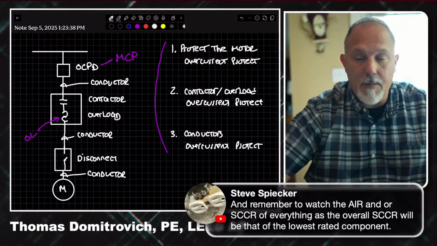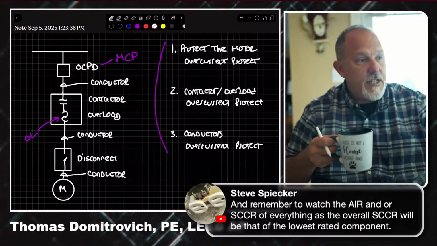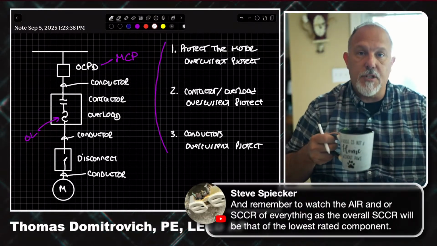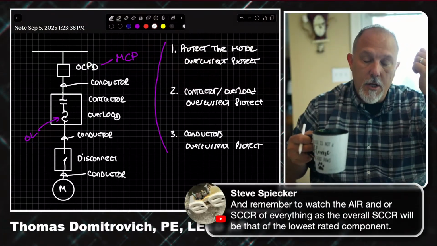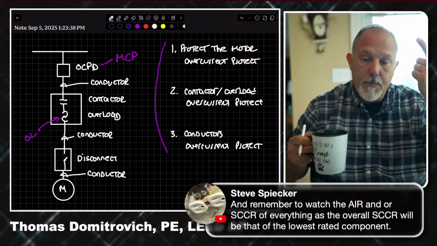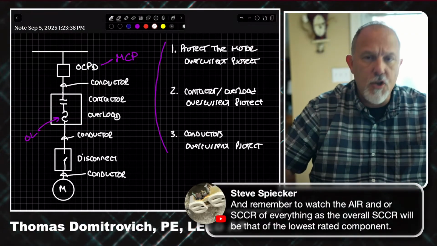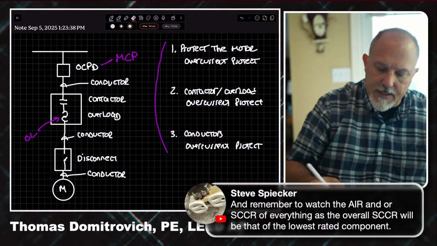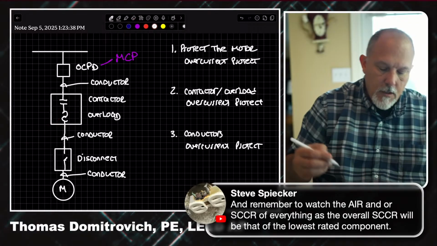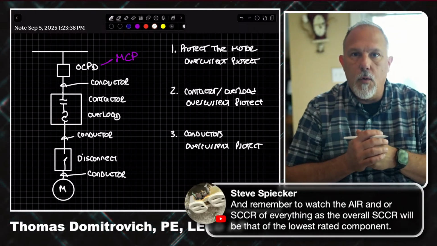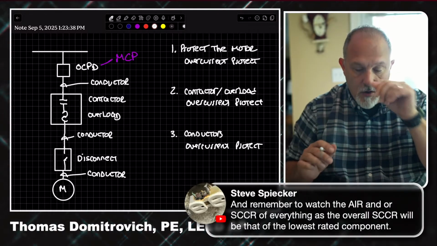It's a fundamental rule from a safety perspective. I can't have a conductor or a piece of equipment that doesn't have protection. And when I put overcurrent protection, that means I'm protecting things from ground faults, short circuits, and overloads. Go back to the definition that is in the code for overcurrent.